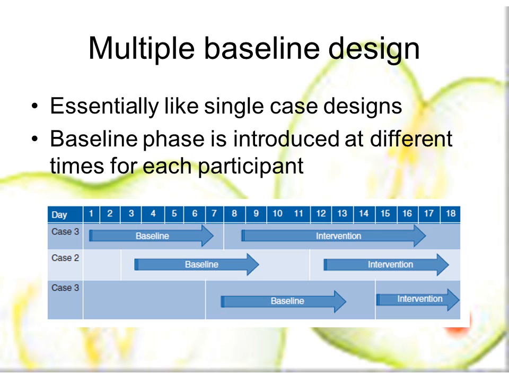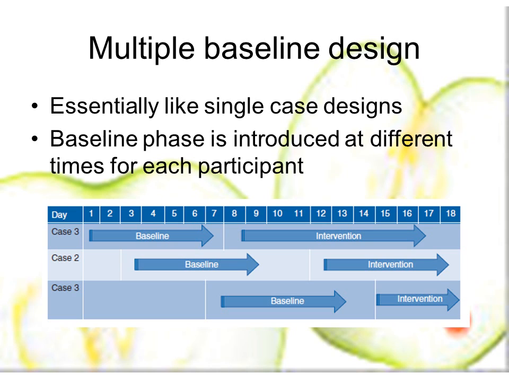The baseline phase is introduced at different times for each participant. So if you look at the graph down here, we're talking about the baseline and when the intervention comes in. For case 1, the baseline is initiated on day 1.